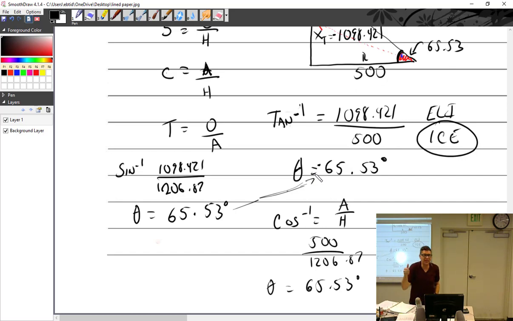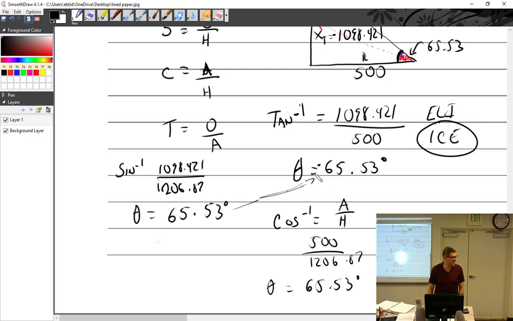Then I could ask you, so it's 65.53, but which one leads? And you would say current, because it's more capacitive. Why are you asking me these stupid questions? It's so obvious.